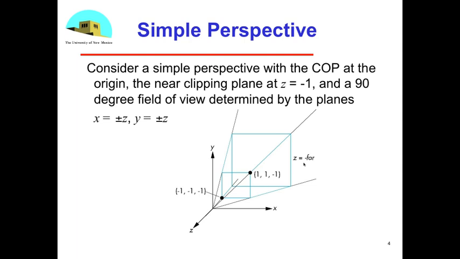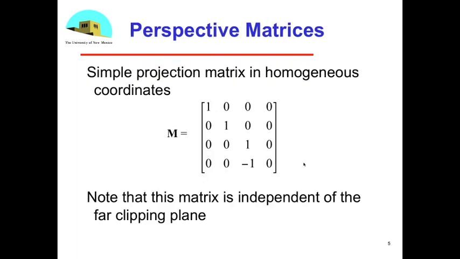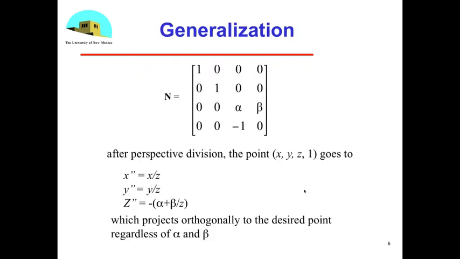Now that's really interesting because it does a couple of other things. Look at what happens over here. It takes the side planes, x equals z, x equals -z, and converts them into the planes x equals 1 and x equals -1. Likewise, for y, it converts that to y equals +1 and y equals -1.